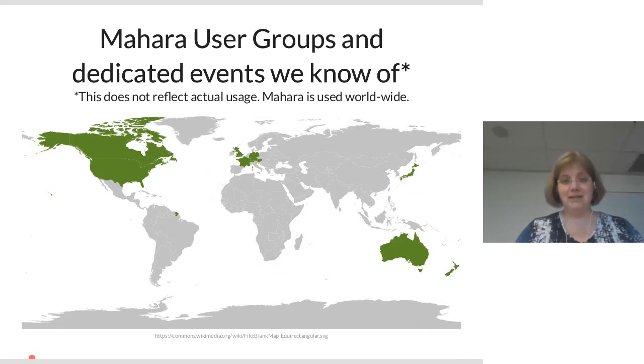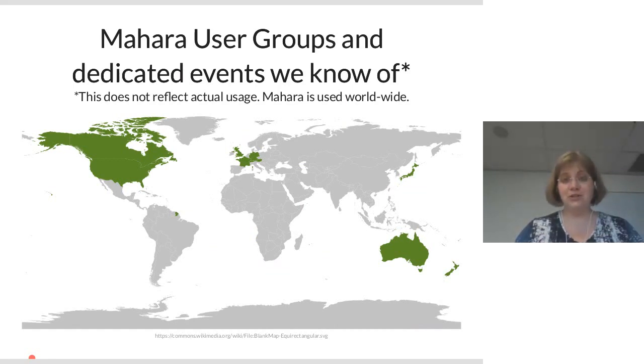So, for example, in the United States, we have MUG, which is the Mahara User Group, not to be confused with MUG, which can also mean Moodle User Group. And that user group is based in New York, but actually does operate worldwide, because most of the sessions that are being organized throughout a year are held online, so that anybody can participate.